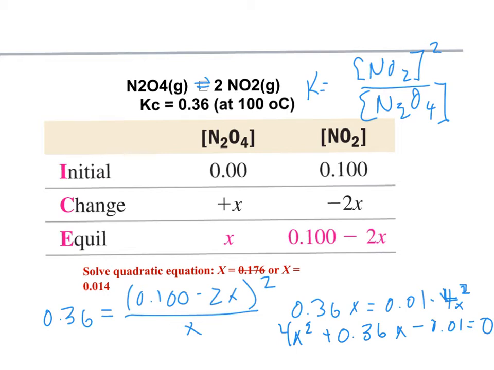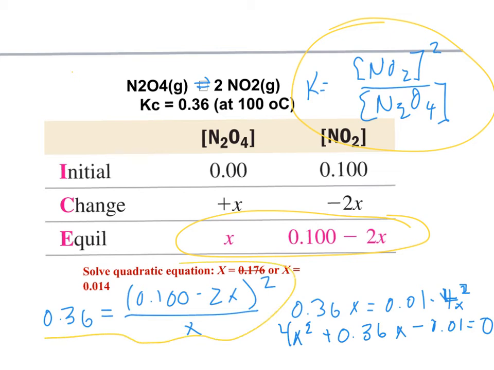And so you can see in here now that when we solved this, we got this x and 0.1 minus 2x. All right, we did that on the previous one. And then I've written out the equilibrium expression up here. And then this is that equilibrium expression with everything in it, right?